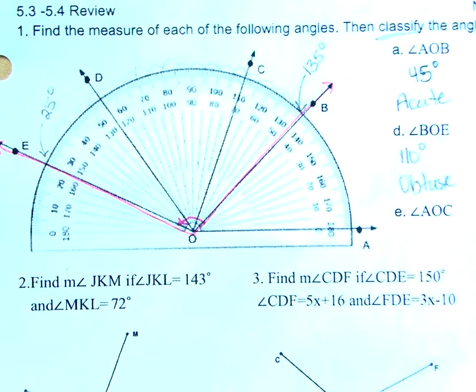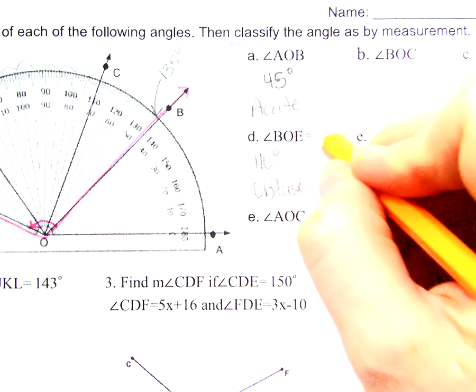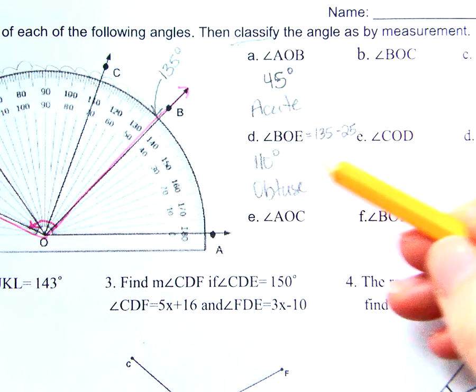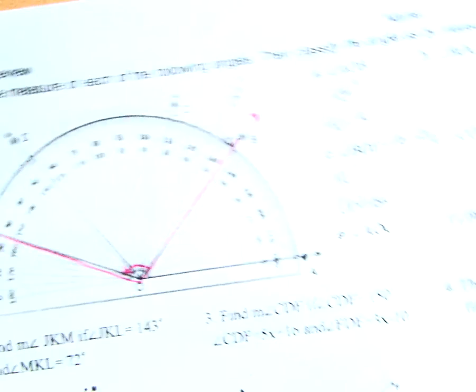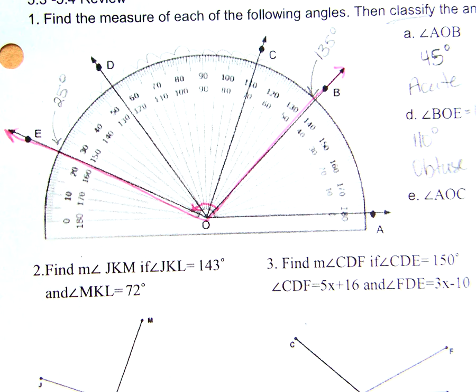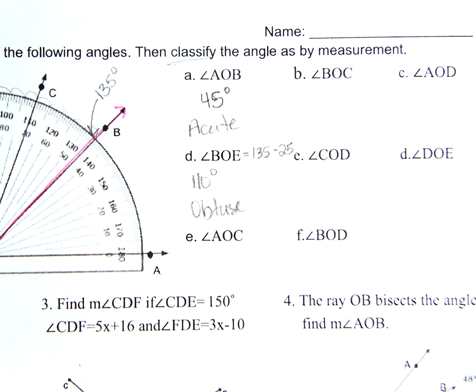And so what we could have done to get that answer for BOE is just to subtract 135 minus 25, and that would also get us that 110. So you can do this two ways. You can count, or you can subtract, or you can do both just to make sure your answer is correct, right? And then I think that's probably enough in that section. Again, go ahead and do that and then check your answers on It's Learning.